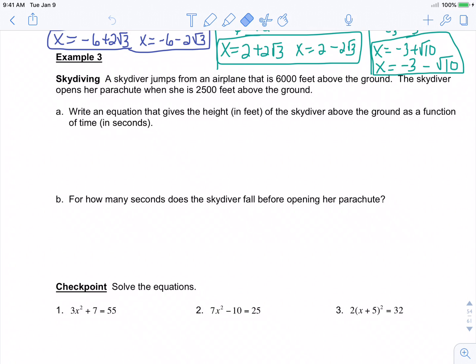So we want to write an equation that gives the height in feet of the skydiver above the ground as a function of time. And I'm going to give you a little formula. This is called our falling objects model, because something is falling from up above.